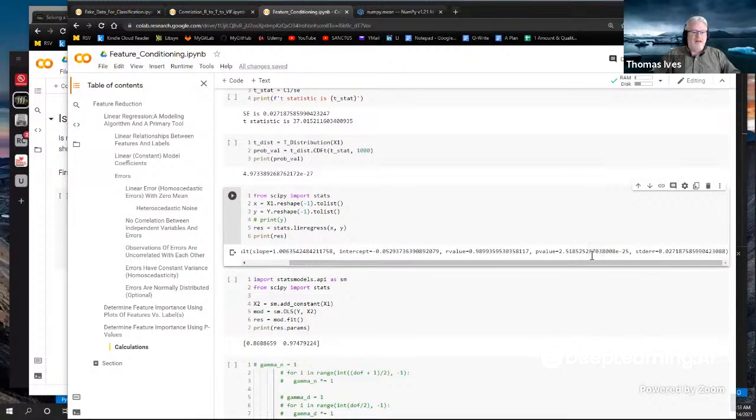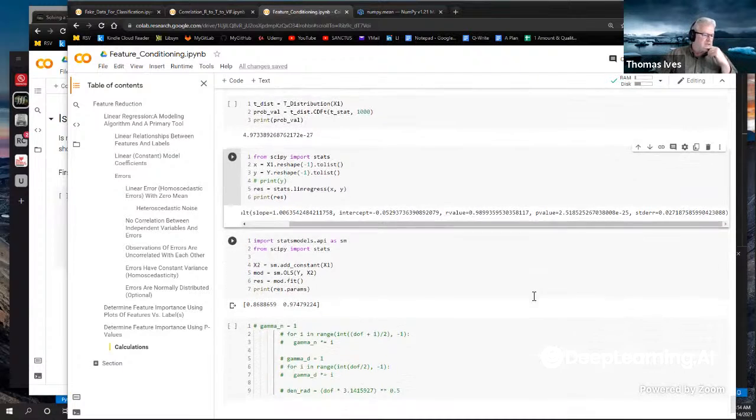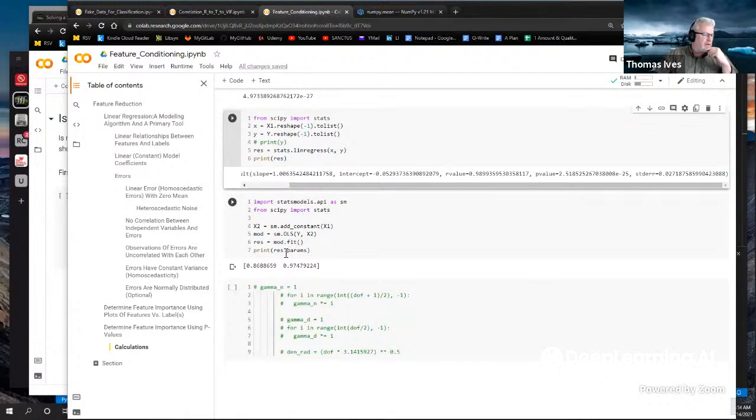This is saying that this is significant, meaning you're not within the realms of possibility that the null hypothesis is true. You're way out on the tails. There's no way that the null hypothesis is true. There's definitely a link between this feature and your label. That's all this means.